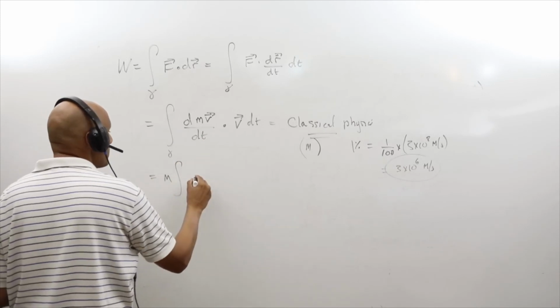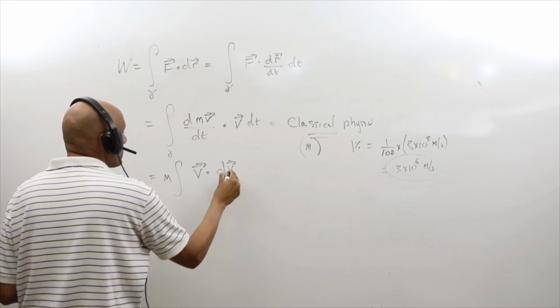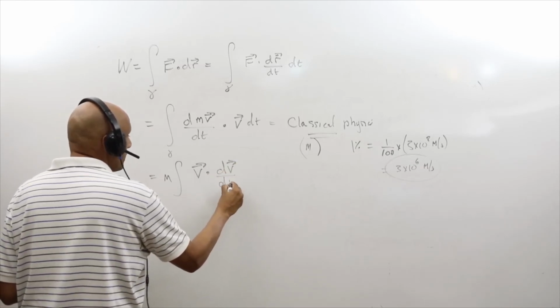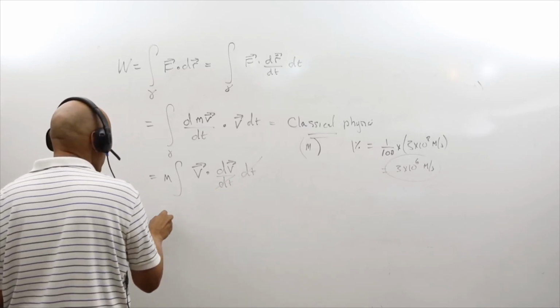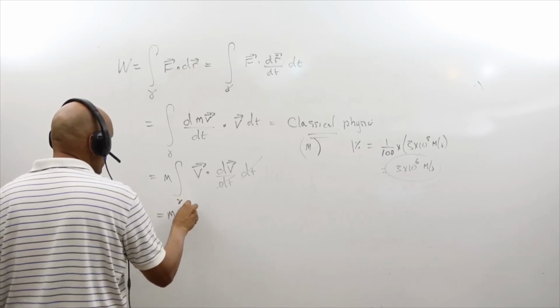I'll rearrange this and put the v vector dot, since a dot b is the same thing as b dot a, I'm using the chain rule. We cross out dt, and this is our gamma path. Here's our mass.